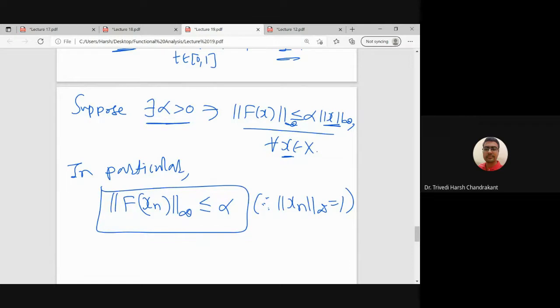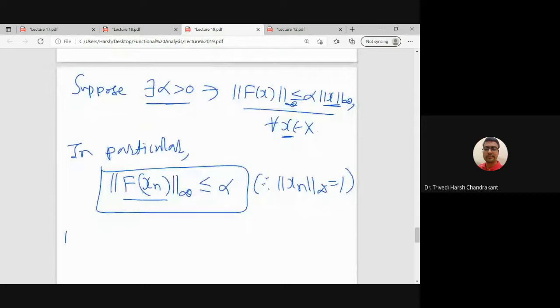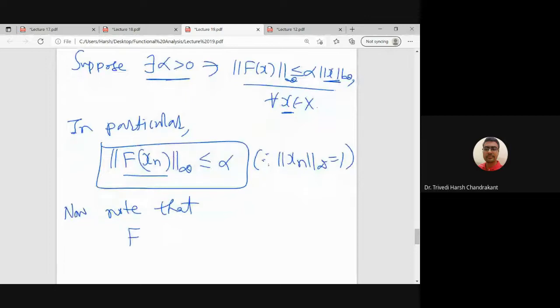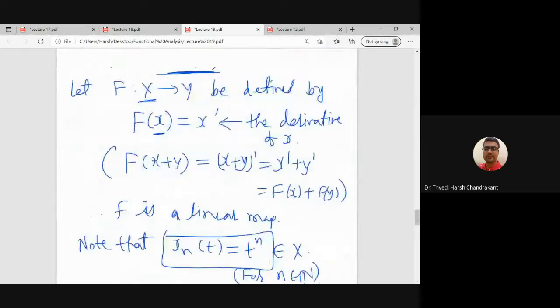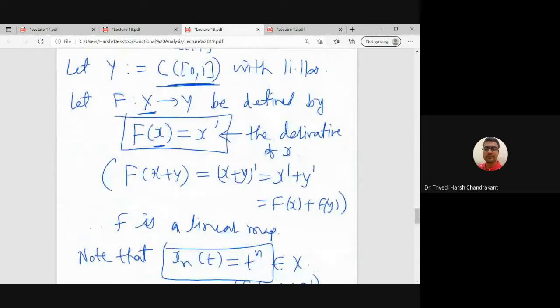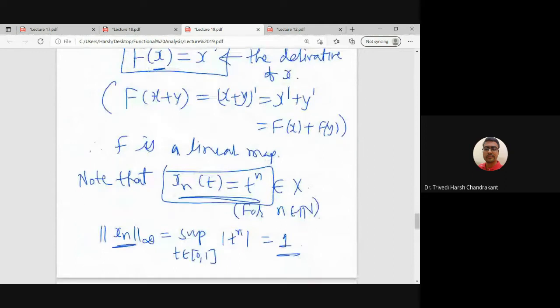Now we'll find what is the norm of f xn, right? So now note that what is f xn? f xn means we have defined the map: f x is the derivative of x, right? So if you take xn as this polynomial, then what will be the derivative of this polynomial?